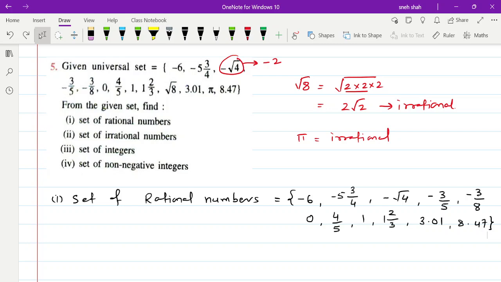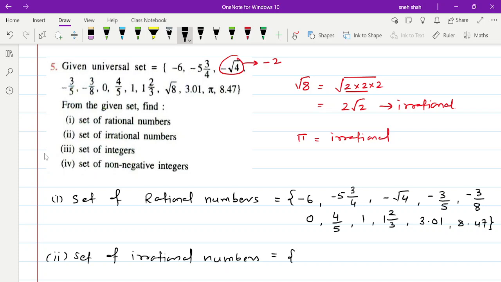Now, for the second sub question, that is for the set of irrational numbers. By definition, all irrational numbers are such that they are not rational.